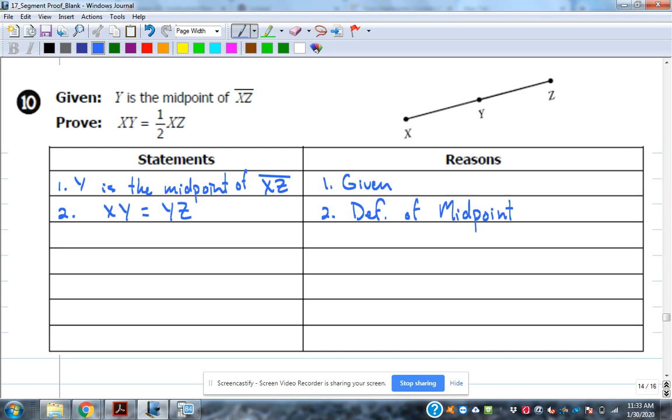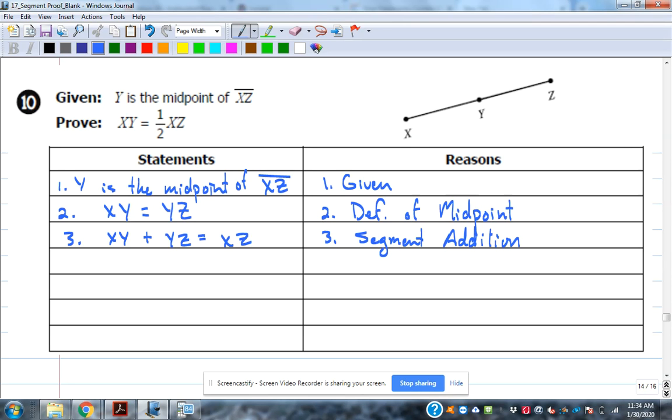XY plus YZ would equal XZ. Yeah, segment addition postulate. Can write segment addition. You don't have to write the word postulate. Okay, I feel like there needs to be a 2.